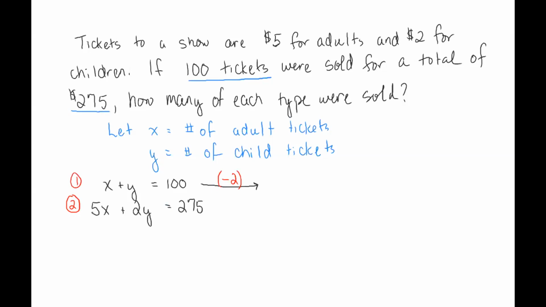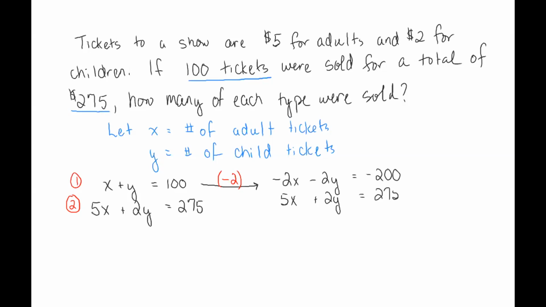So notice when I multiply by -2, I get -2X minus 2Y equals -200. And I'm going to leave that second equation alone. 5X plus 2Y equals 275.